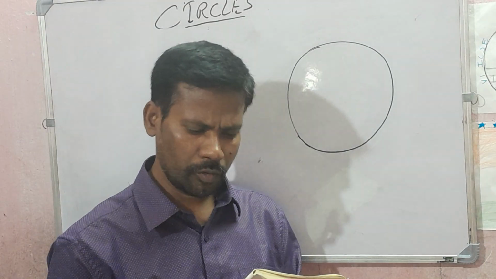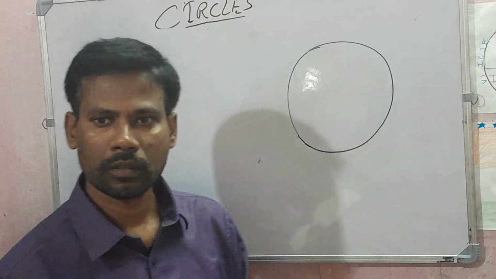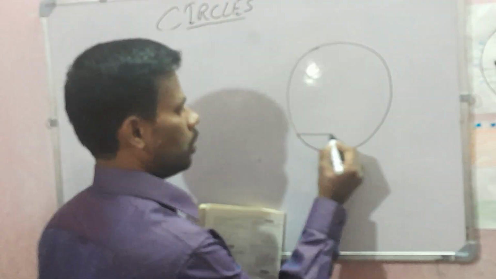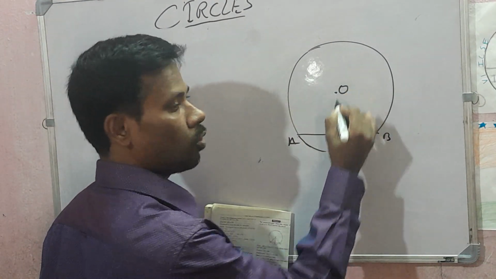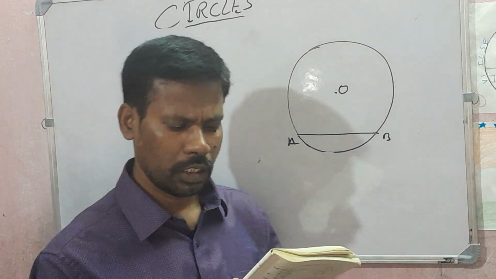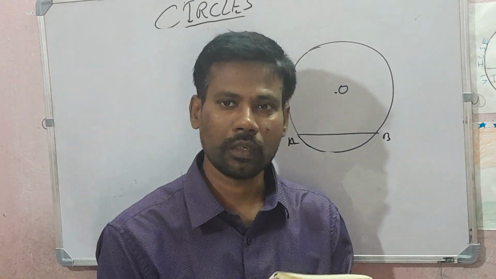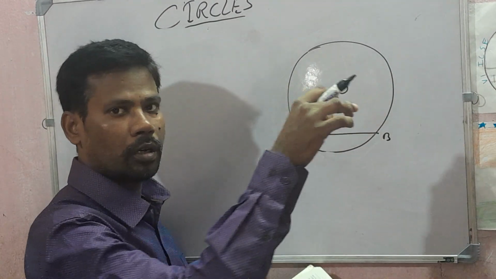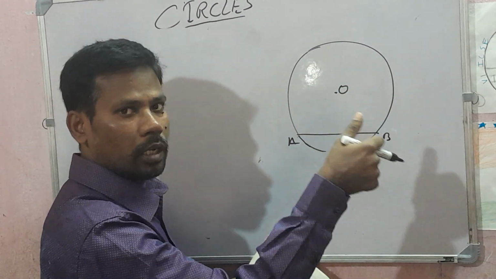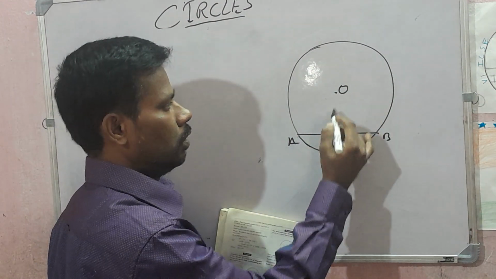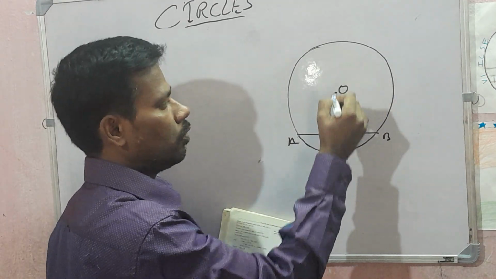The perpendicular from the center to the chord. So first let us draw the chord. Let O be the center of the circle. How will you draw the perpendicular bisector?